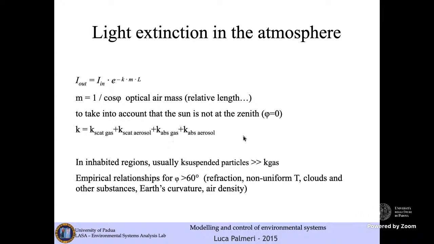In inhabited regions, usually K due to suspended particles is much larger than K due to gases.